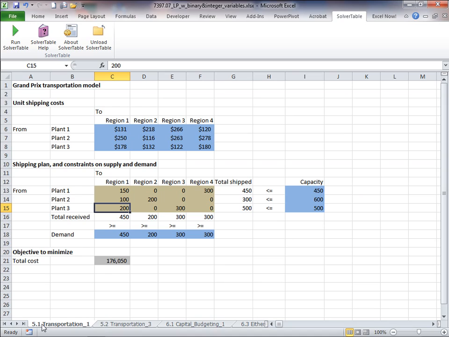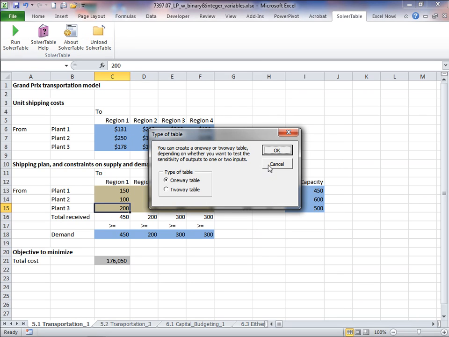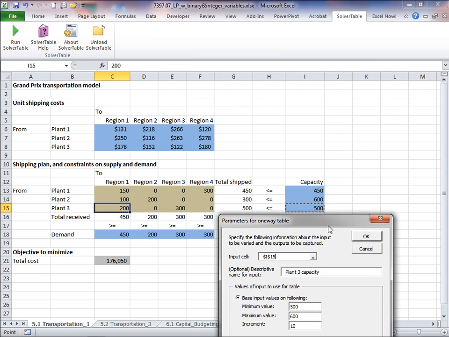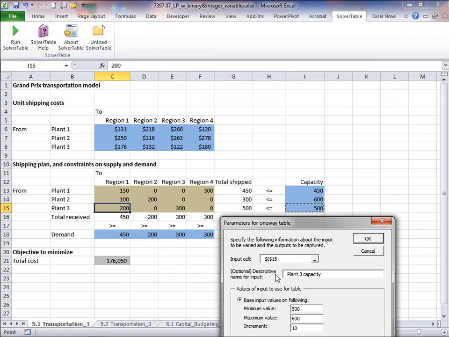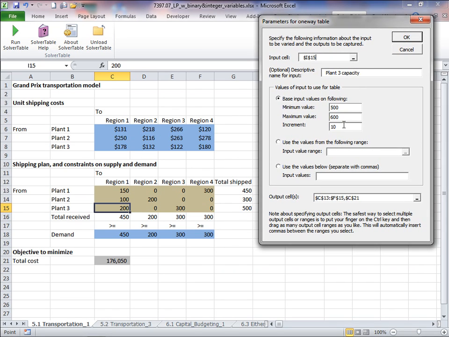Sure, I'll be happy to show you how I set up solver table. What I did, you probably followed me up until the last step. What I did was I just chose the capacity cell as my input cell, and I allowed it to go from its current value up to 600 in units of 10. So I was just looking at 10 separate models.